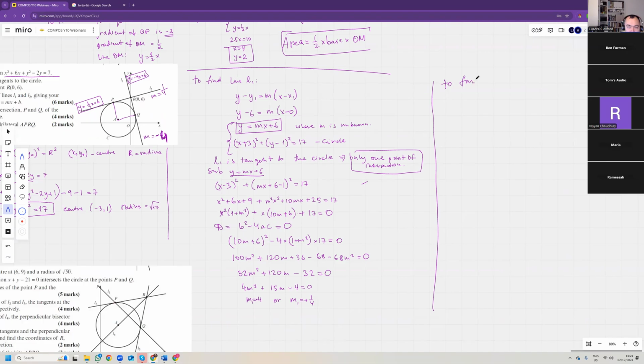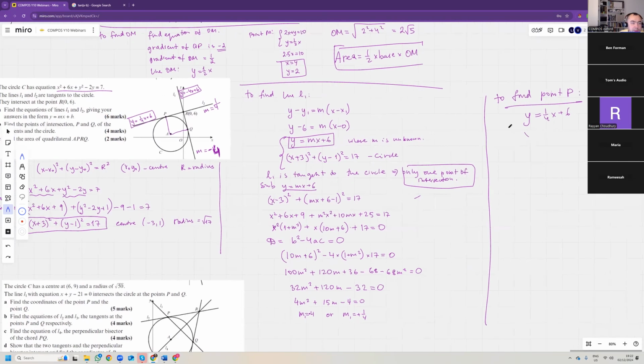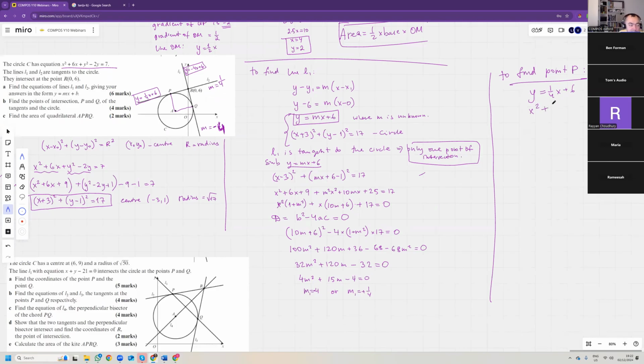To find point P, we solve simultaneously y equals 1/4 x plus 6 and the circle. You know what? I don't need this equation. I can use the original one: x squared plus 6x plus y squared minus 2y equals 7.